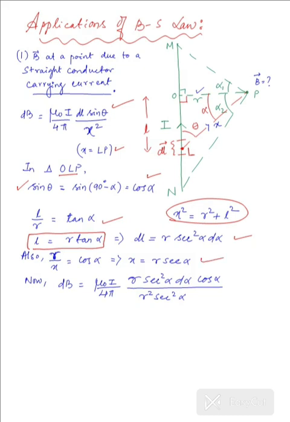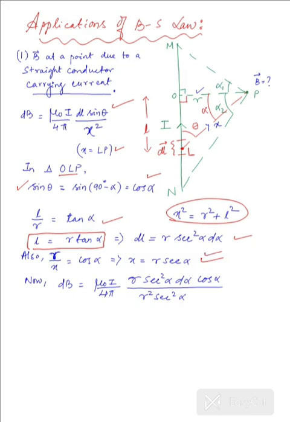And using all of these values that we have obtained in the Biot-Savart's law, we have this expression over here. Mu naught I over 4 pi remains as such. Instead of dl, we have used that term r sec squared alpha d alpha, as you can see. For sine theta, we have cosine of alpha divided by r squared sec squared alpha, which is the value of x squared taken from this point.